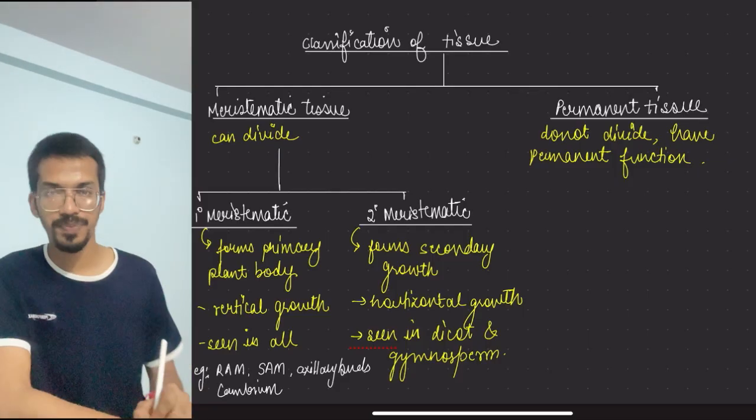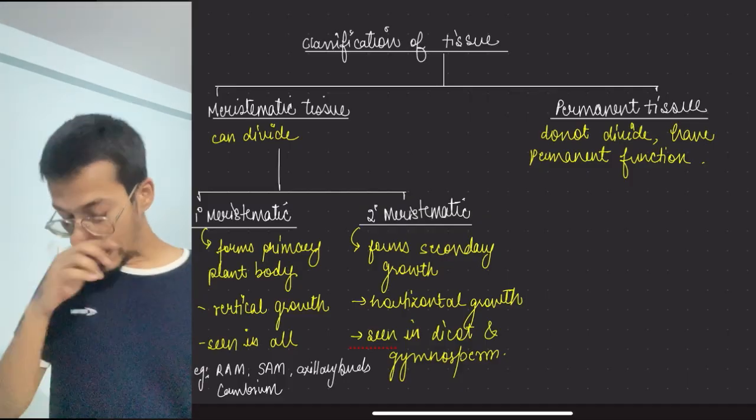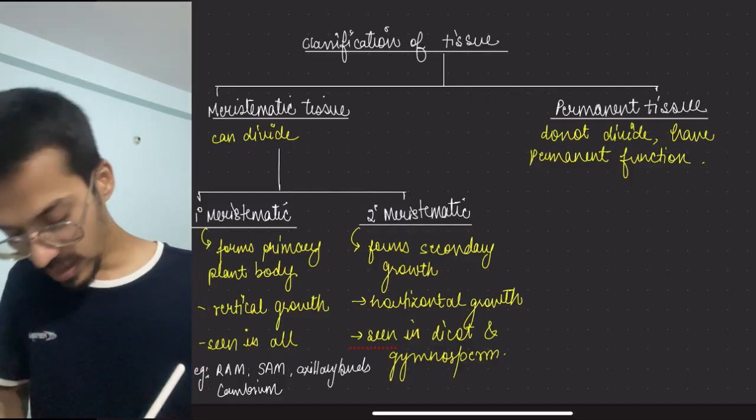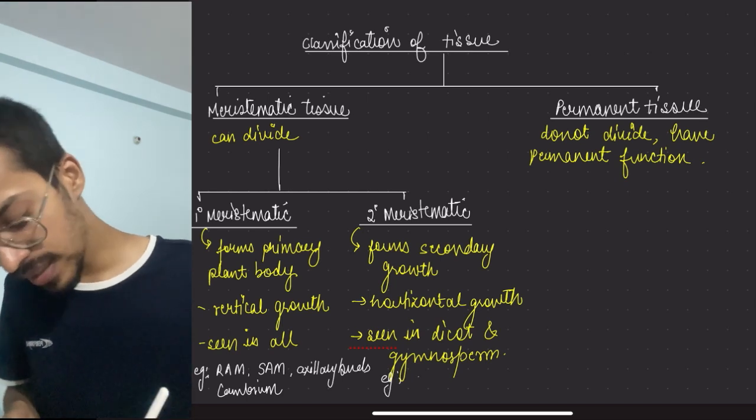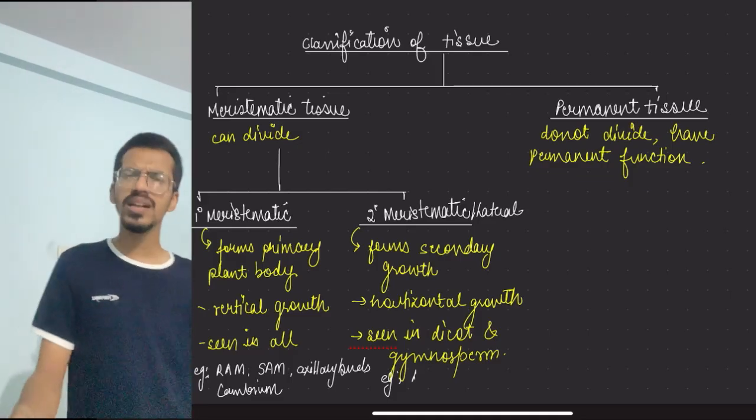Now secondary meristematic tissue is also called lateral meristem. Lateral means laterally present.